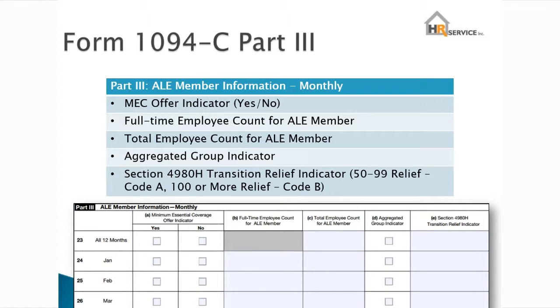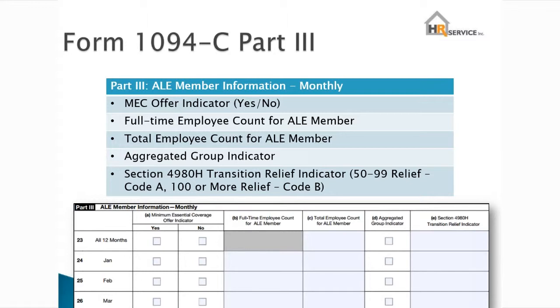In C, enter the total number of employees. This time, count those in the non-assessment period, part-timers and seasonal. Now if you selected box D on line 22, the 98% offer, then you don't need to fill out column B. In column C, enter your total employee count.